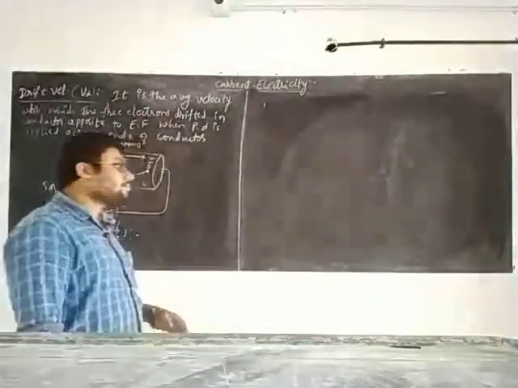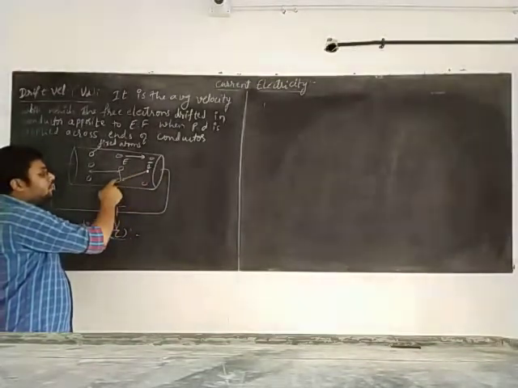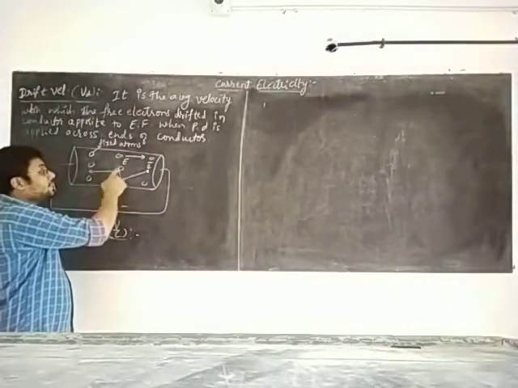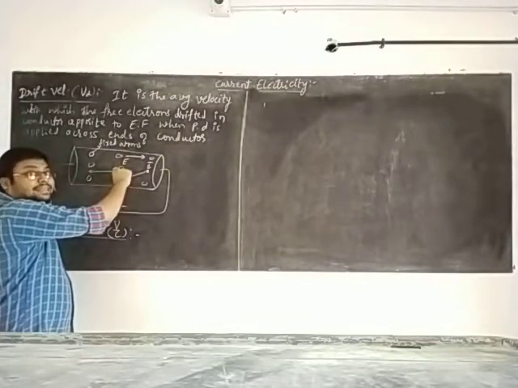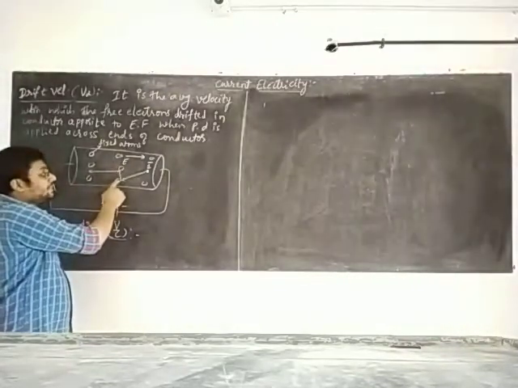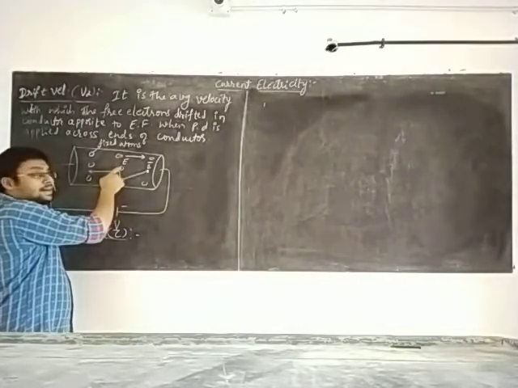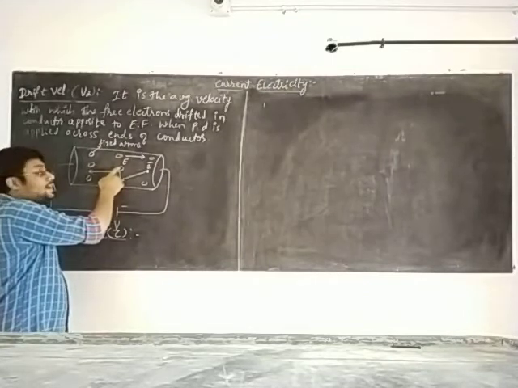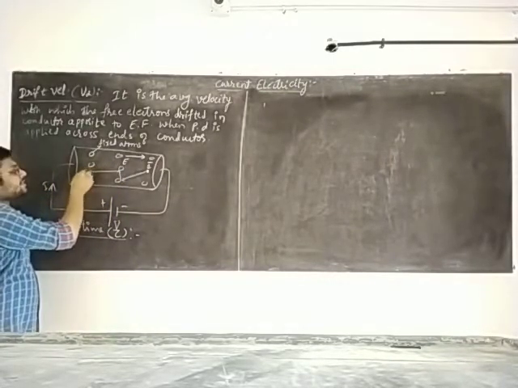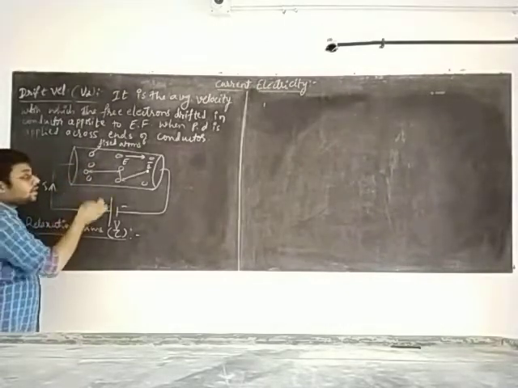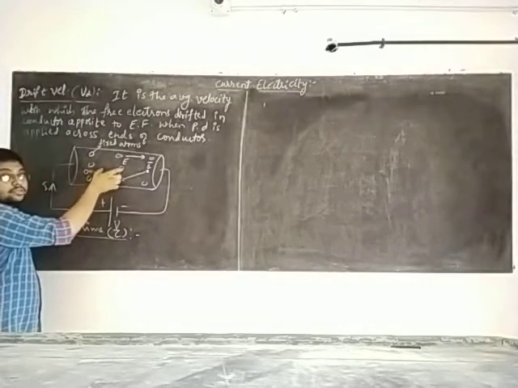Two successive collisions means first it will collide here, and then it will collide here, and it will take some time to go from here to here. Again from here it collides, and then again somewhere here.